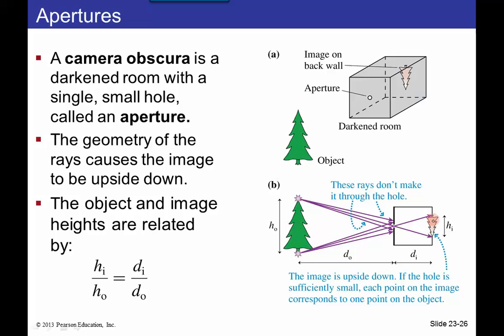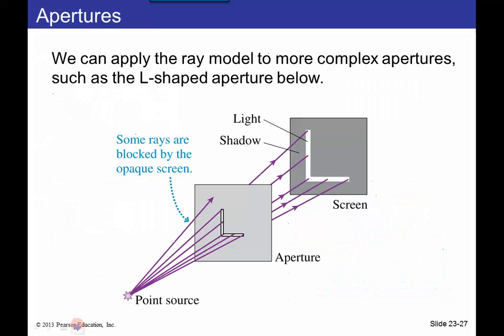And you can see you get the image here, and it's upside down. And this h_o and h_i, the height of the object and height of the image, are related because you can see these triangles here are similar, so d_o divided by d_i has to be equal to h_i divided by h_o. That is a simple property of those triangles.